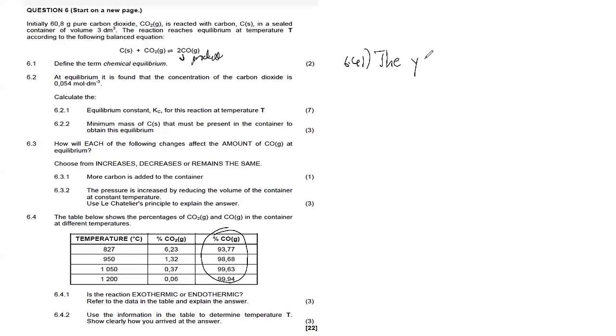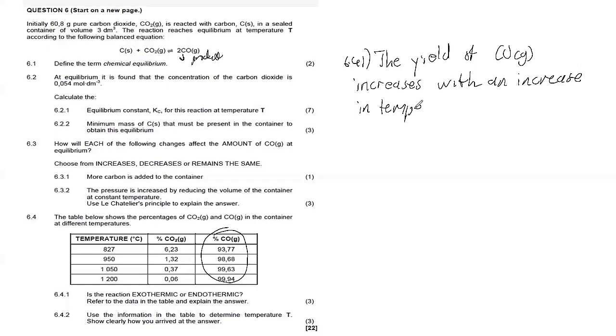So that means we say the yield of carbon monoxide gas increases with an increase in temperature. So that's an observation.